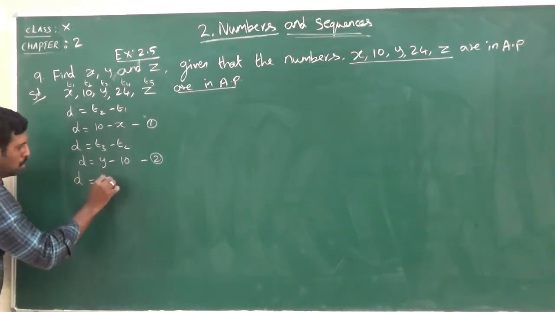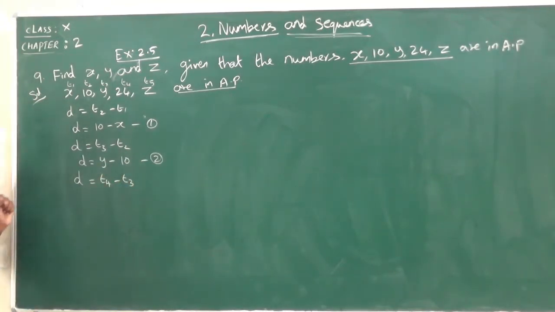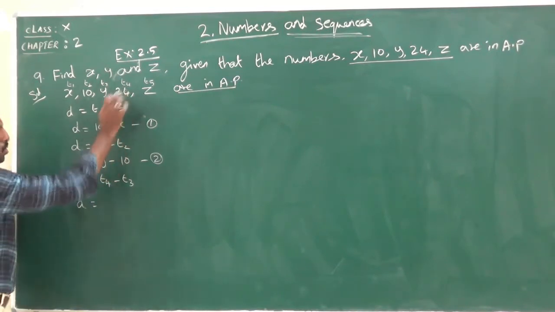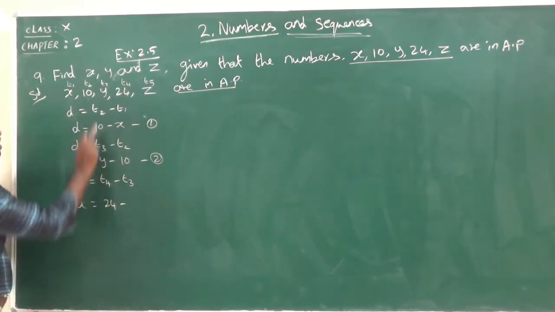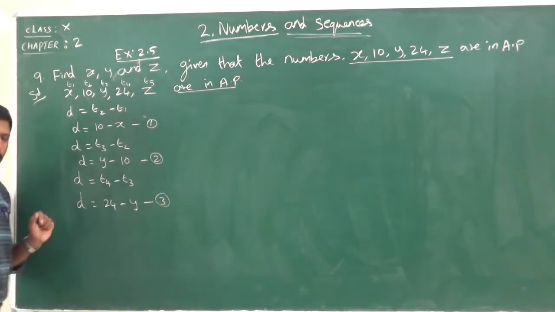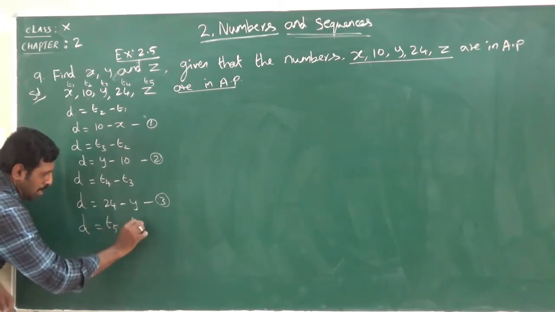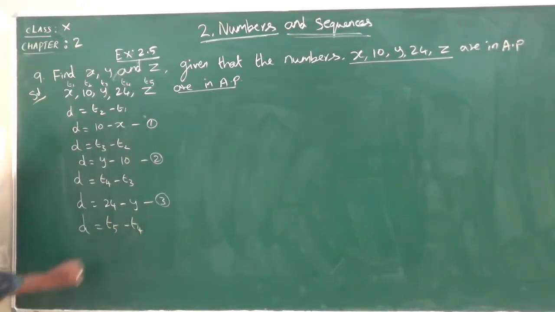Then D is equal to T4 minus T3, fourth term minus third term. Here D is equal to the fourth term 24 minus the third term y. I take this as equation number 3, and then D is equal to T5 minus T4.